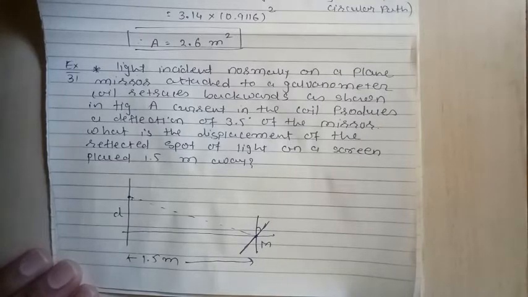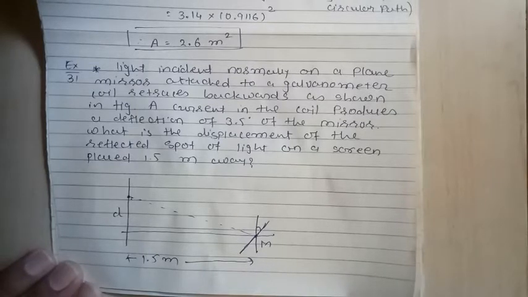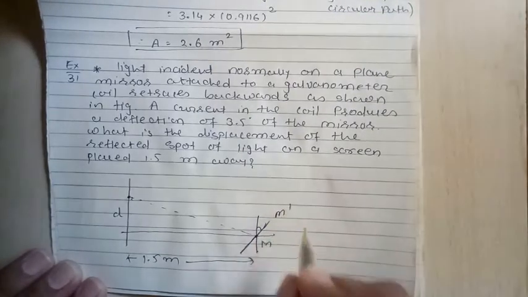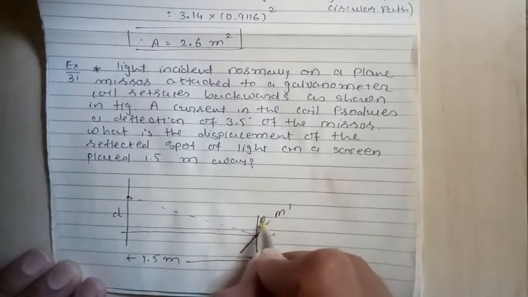We rotate the mirror. So you have to remember this line. When the mirror is rotated by an angle theta, like this theta, the position is changed from M to the next position M dash. This is the angle theta.